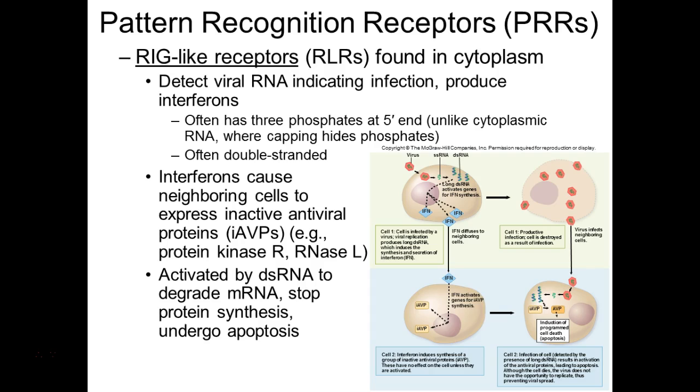So they get ready for the potential of an attack. The bad news here is that if the virus does get into their cells and they've activated this protection mechanism, they're going to destroy the virus, but they're also going to destroy themselves in the process.